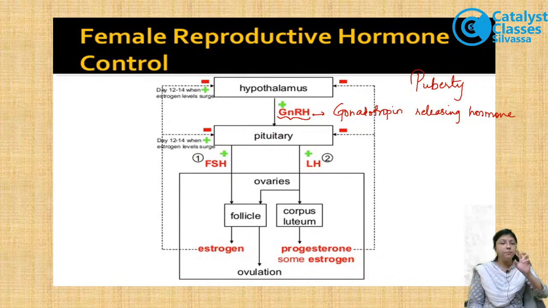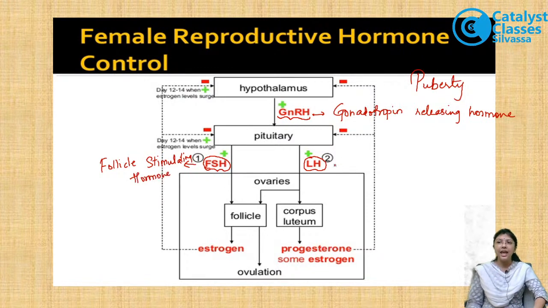Now, when the pituitary gland in females is stimulated, it is going to release 2 more hormones. One is FSH and another one is LH. FSH, what does FSH stand for? Follicle stimulating hormone. Yes, FSH stands for follicle stimulating hormone, and LH stands for luteinizing hormone.